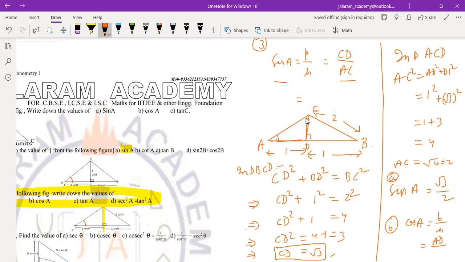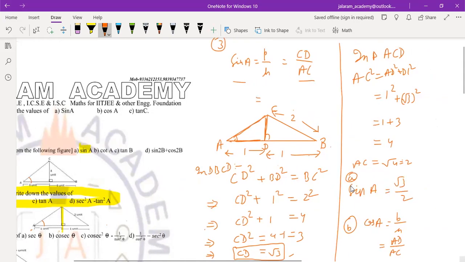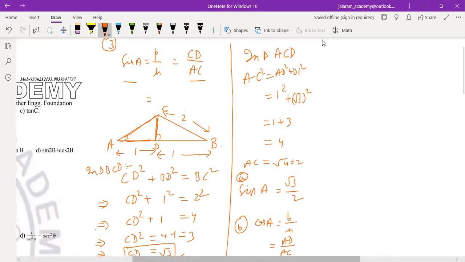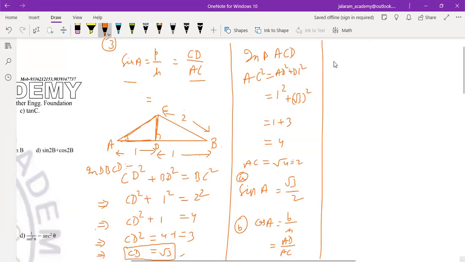Base is AD and hypotenuse is AC. So cos A equals AD is 1, AC is 2, cos A is 1 by 2.